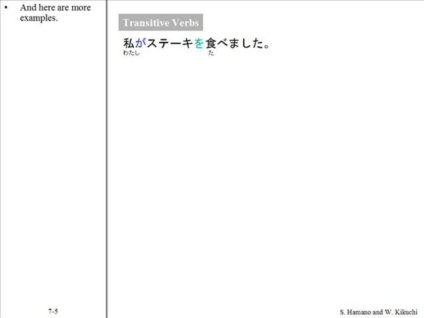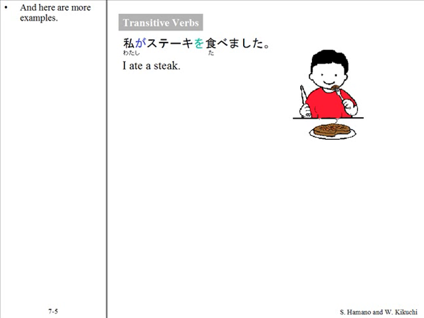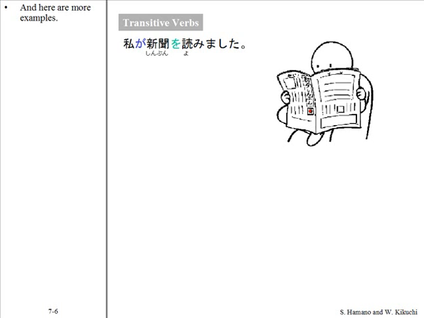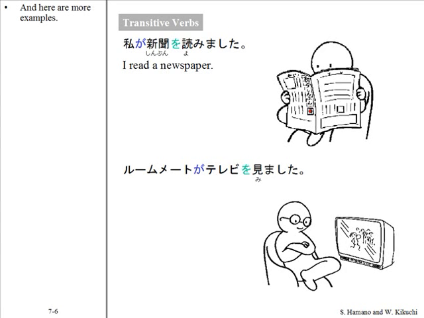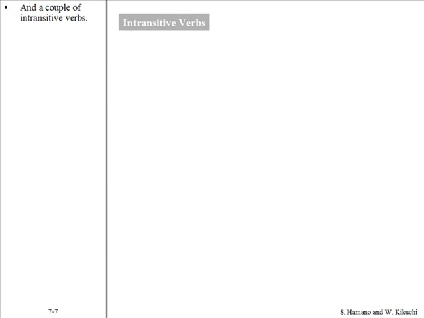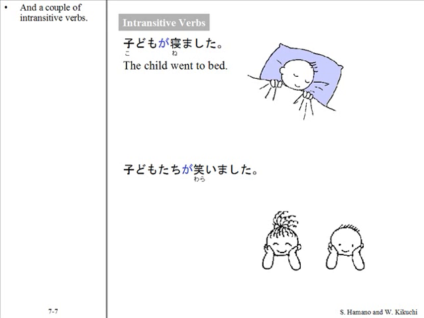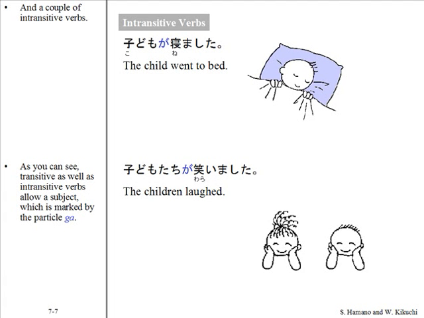And here are more examples. 私がステーキを食べました。母がケーキを作りました。私が新聞を読みました。ルームメイトがテレビを見ました。And two intransitive verbs. 子供が寝ました。子供たちが笑いました。As you can see, transitive as well as intransitive verbs allow a subject, which is marked by the particle ga.